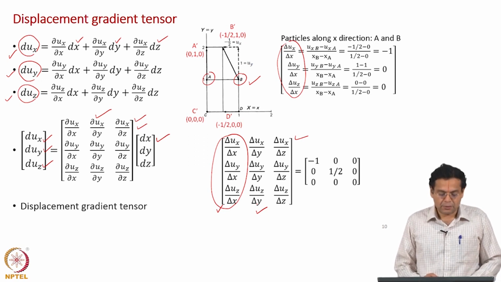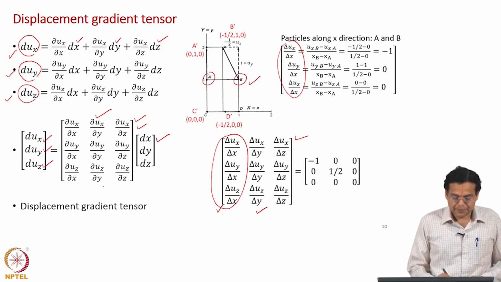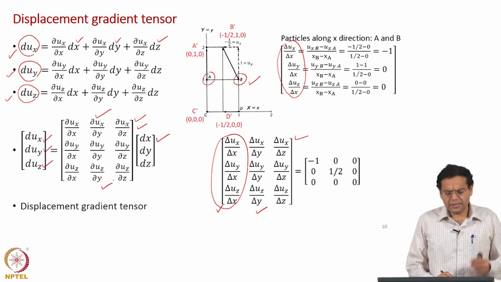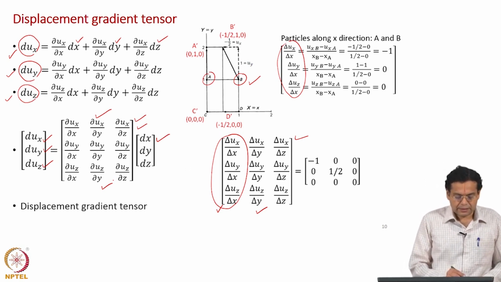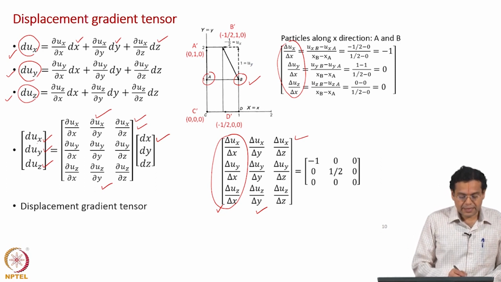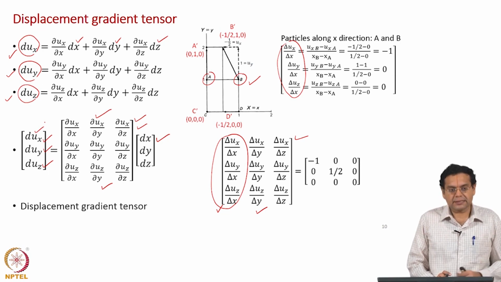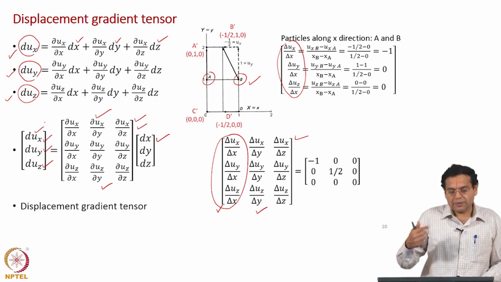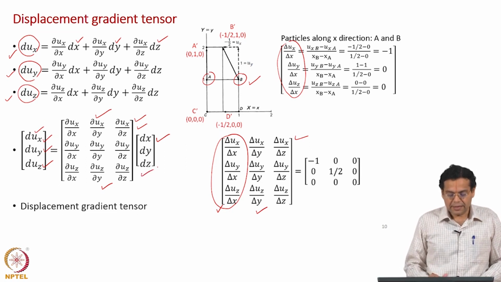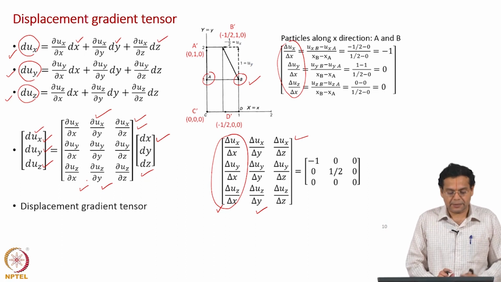Okay. Now, what does this tensor tell you? We already discussed that the left hand side we have the displacements, and the displacements are x, y, z directions, and each of them can vary in x, y, z direction, which are here, and hence resulting in 9 components of the displacement gradient tensor.